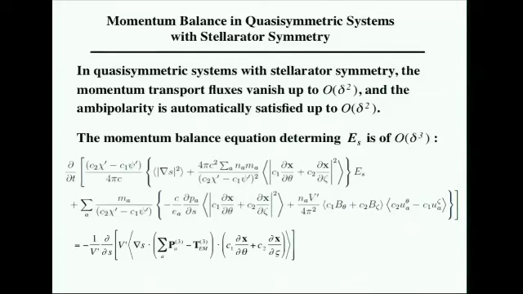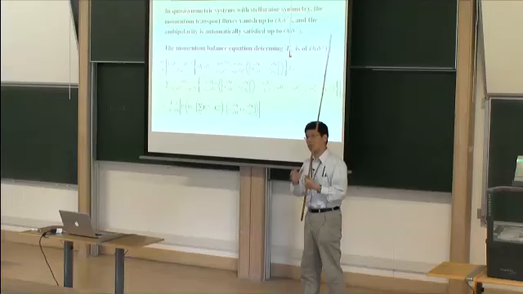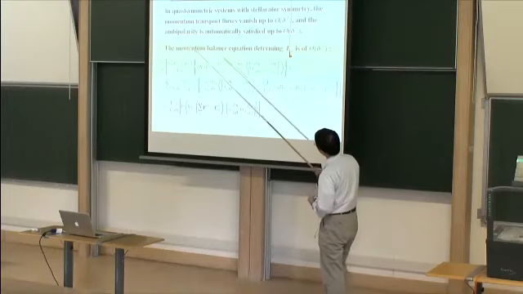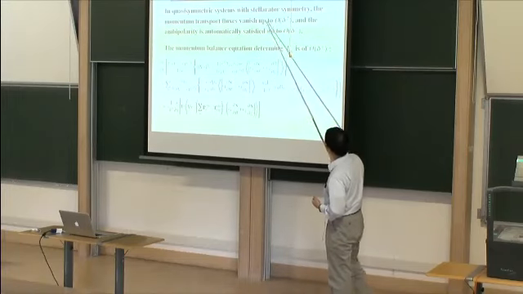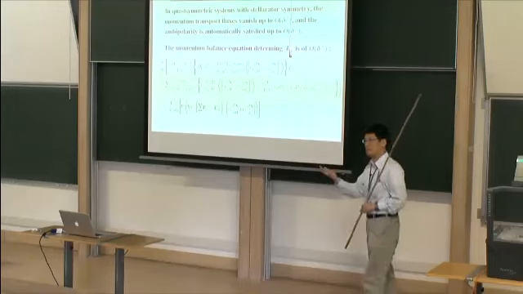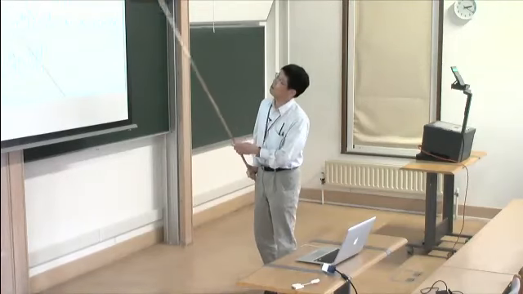And also, if we consider a quasi-symmetric system with stellarator symmetry, we already know the first order momentum transport flux vanishes. That means momentum transport vanishes up to 2nd order in a quasi-symmetric system with stellarator symmetry.